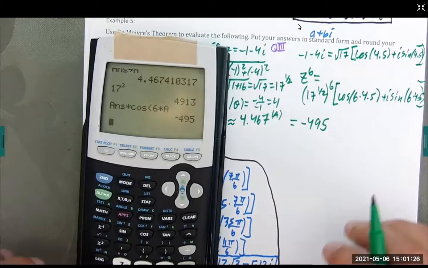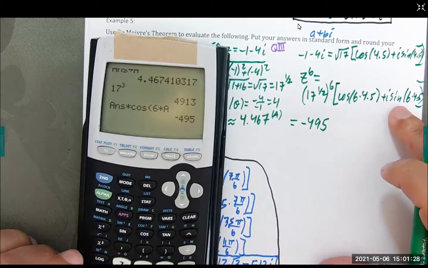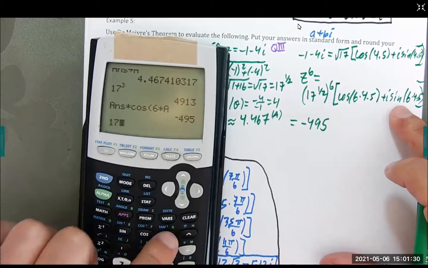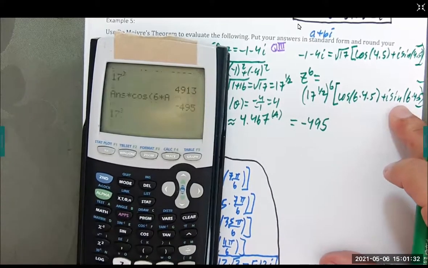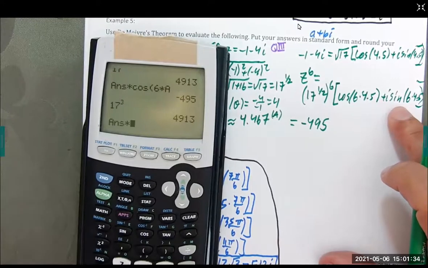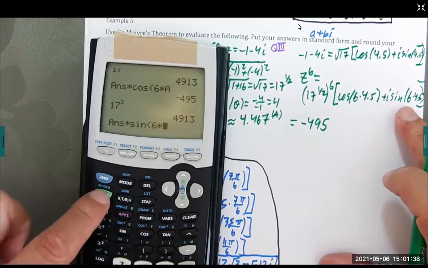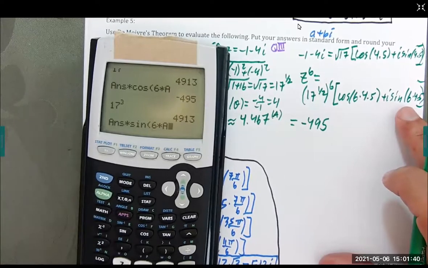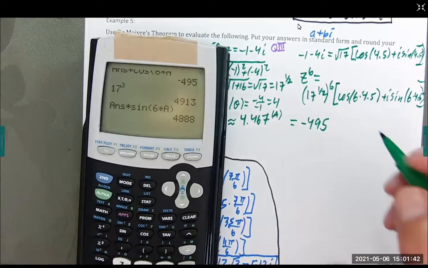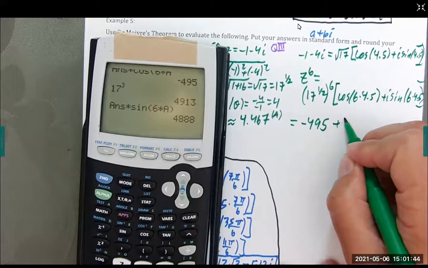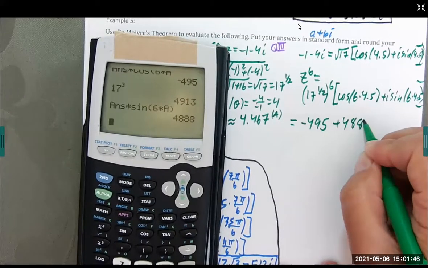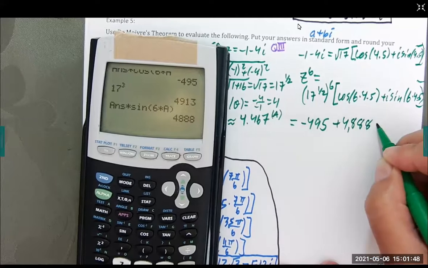Let's do the sine. So 17 raised to the 3rd power times the sine of 6 times A. Hey, look at that. Plus 888 i.